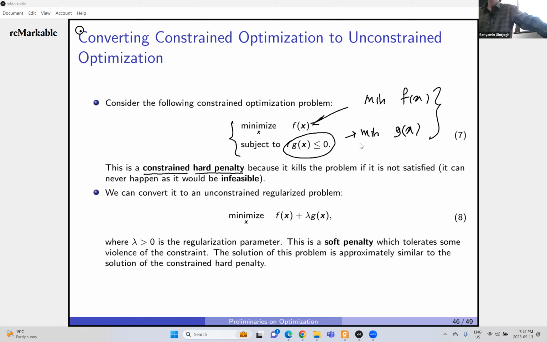So let's do that: f of x plus some weight times g of x. This lambda is a weight. It says how much I should care about minimization of g of x compared to minimization of f of x. The larger the lambda, what happens?